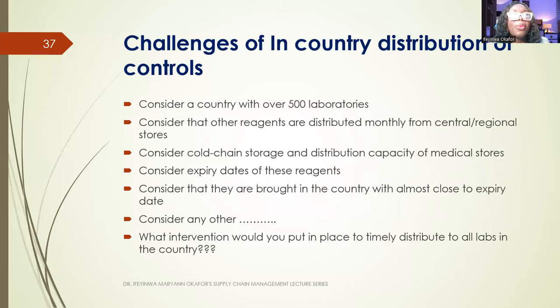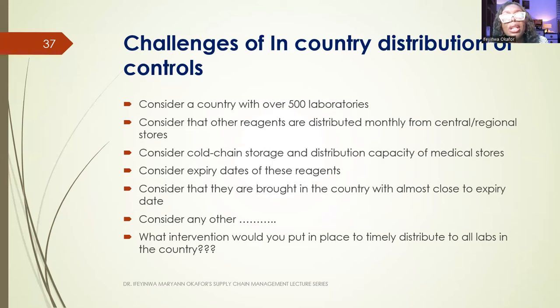What will you do? I think that brings us to consider the challenges that are involved in country distribution of these controls. First, you need to consider a country with over 500 laboratories. Consider that other reagents are distributed monthly from the central regional store to the service delivery points. Consider cold chain storage and distribution capacity of medical stores. Consider the expiry date of these reagents.